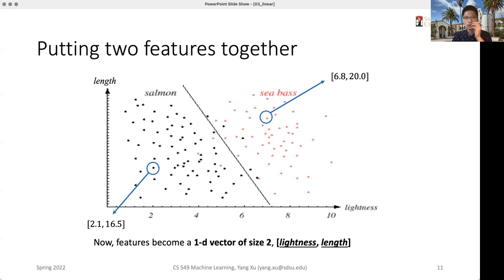All right. So it seems that adding features will improve the way that we can classify the data points, right?